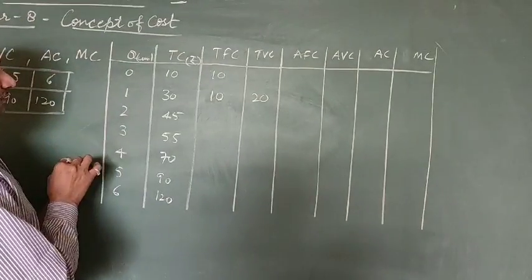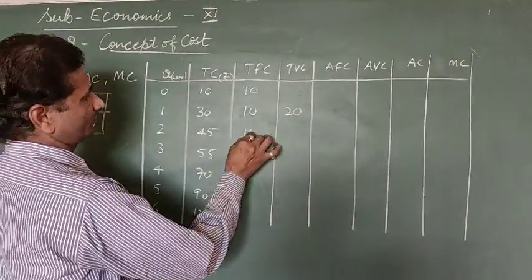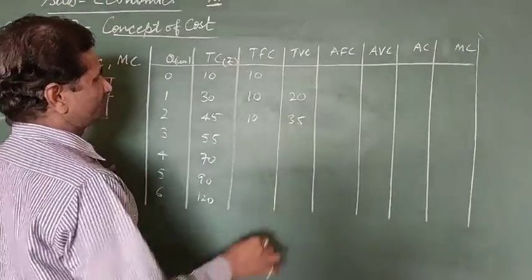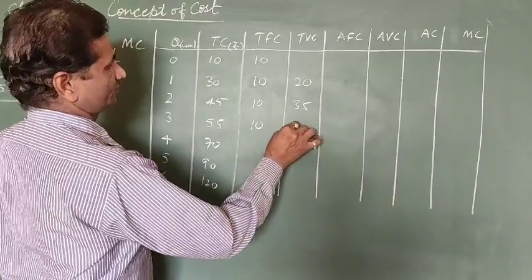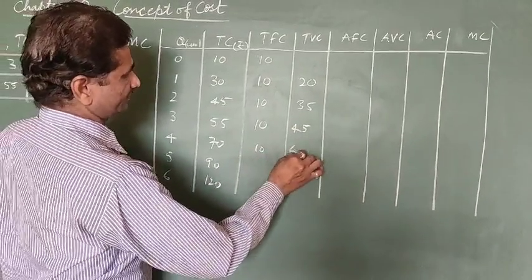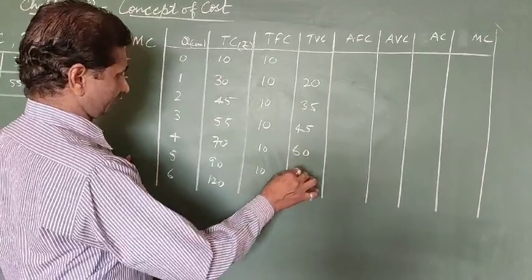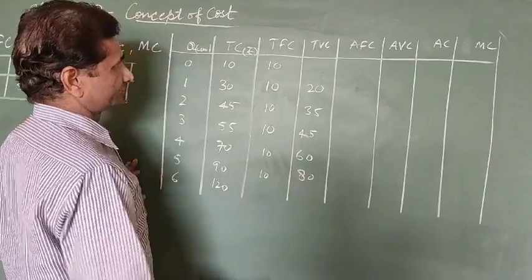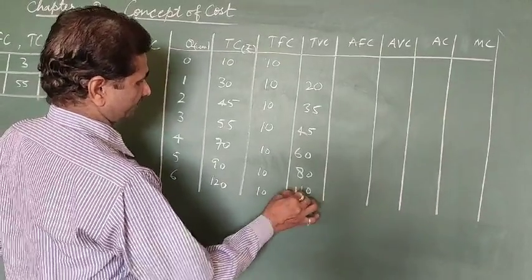For the second unit of production, the amount is 45: 10 fixed cost and 35 rupees of variable cost. Then 10 fixed cost and 45 rupees of variable cost, and for the fifth unit 10 fixed cost and 60 variable cost, for the sixth, 10 and 110.